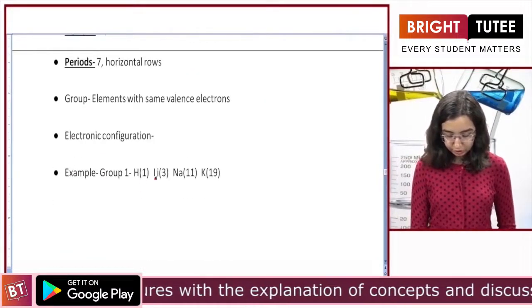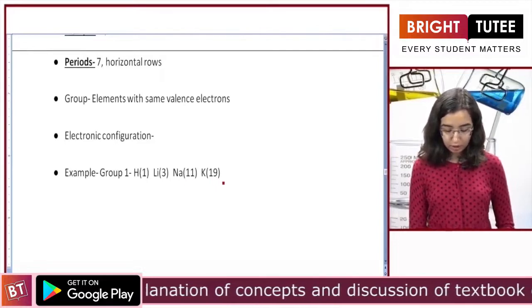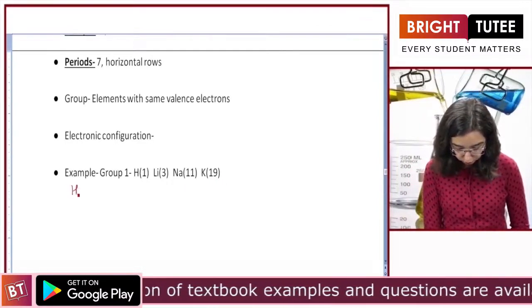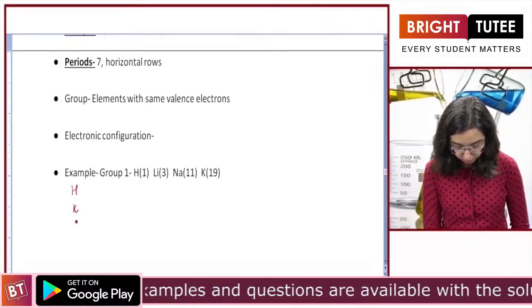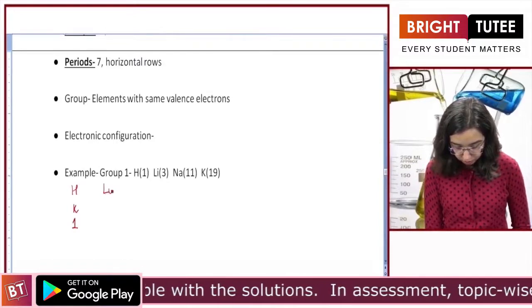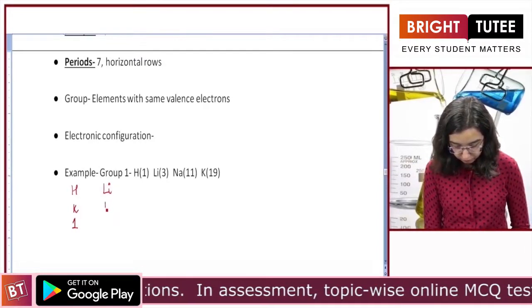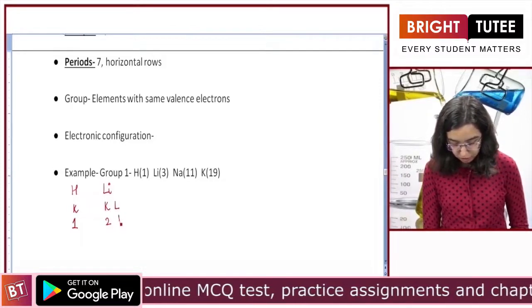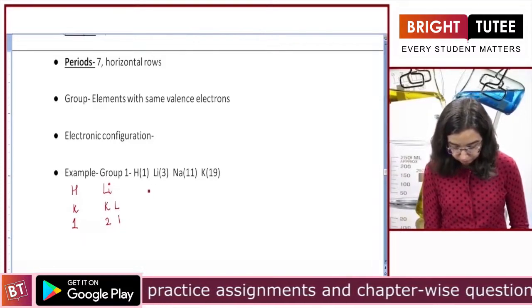When we take hydrogen, lithium, sodium, and potassium and study their electronic configuration: hydrogen, of course, has atomic number 1, so it's a simple configuration. It has 1 electron in the K shell. Lithium has atomic number 3, which means it has 2 electrons in the K shell and 1 electron in the L shell.